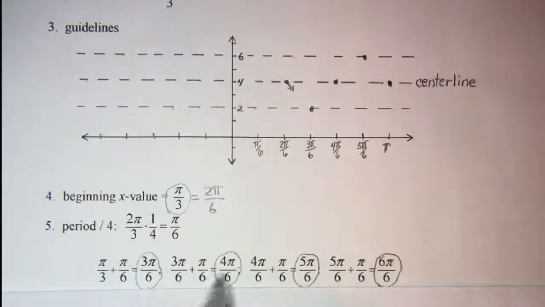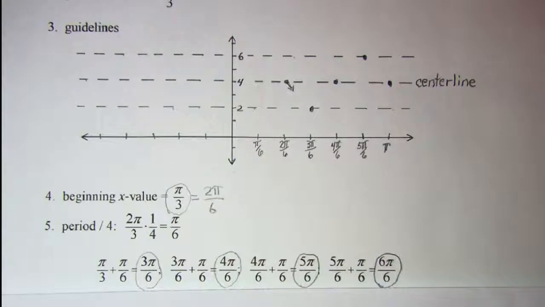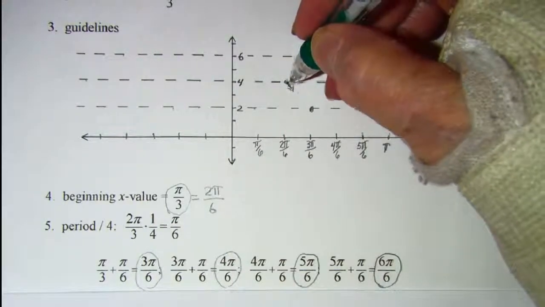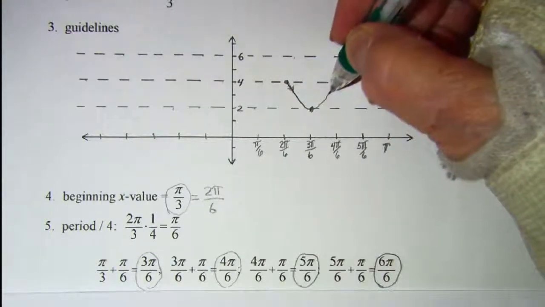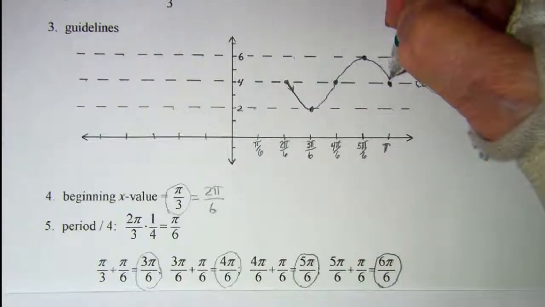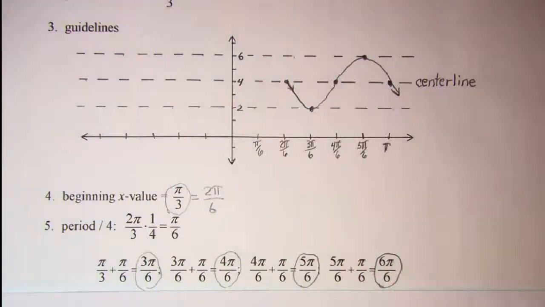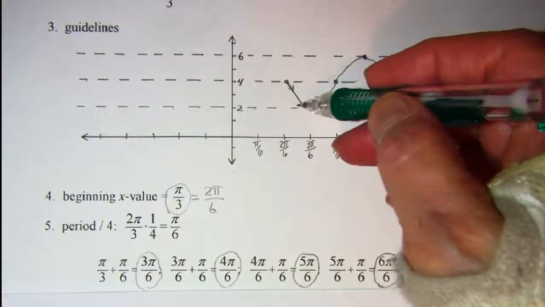Now these four values, along with my beginning x value, give me one period of my curve. And I can connect those with a smooth sinusoid graph.